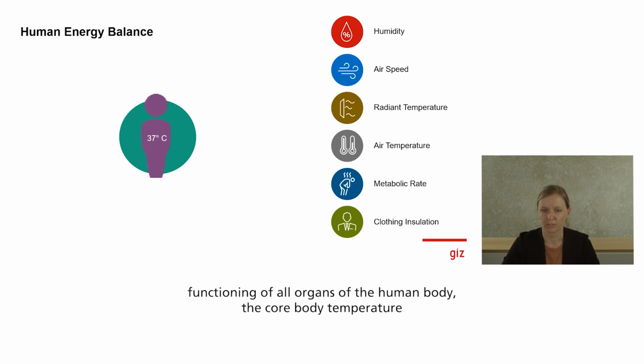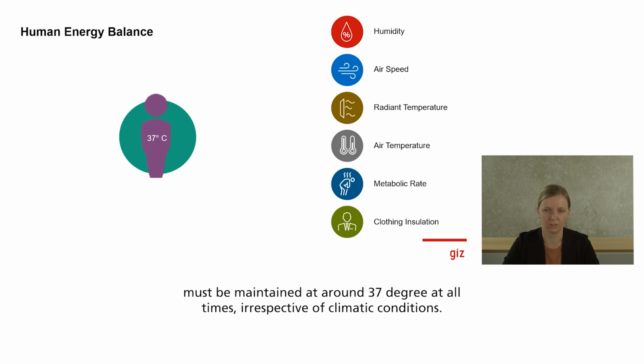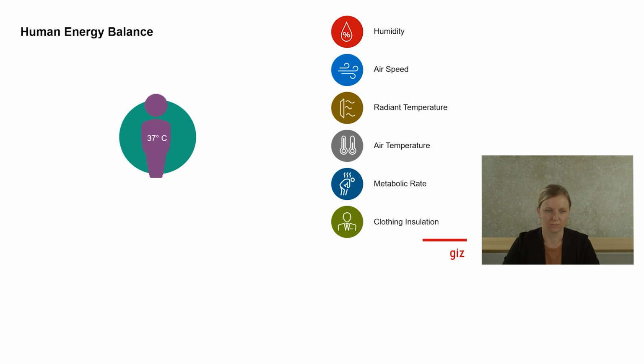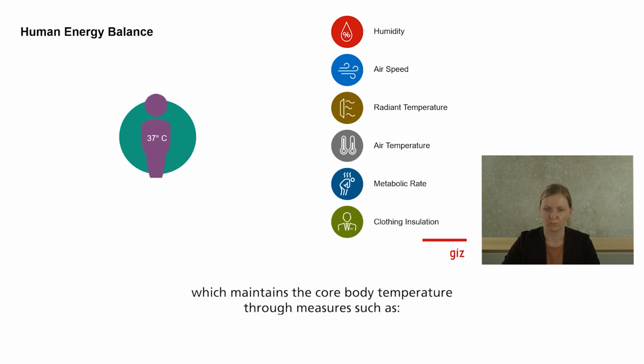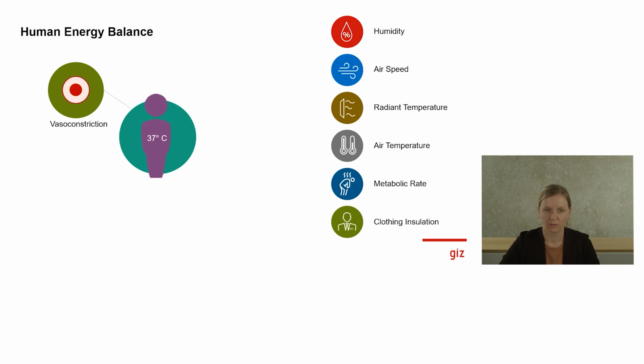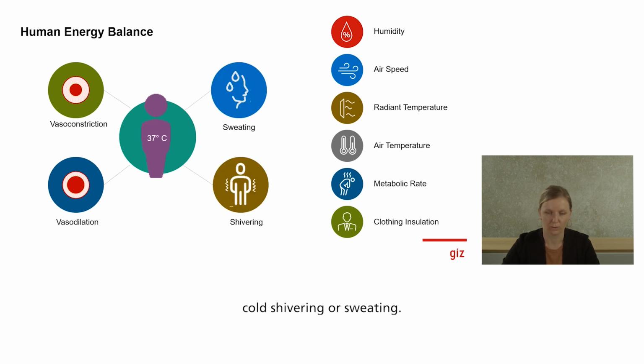For the full functioning of all organs of the human body, the core body temperature must be maintained at around 37 degrees at all times, irrespective of climatic conditions. This is ensured by the thermoregulatory system of the body, which maintains the core body temperature through measures such as vascular constriction, vascular dilation, cold shivering, or sweating.